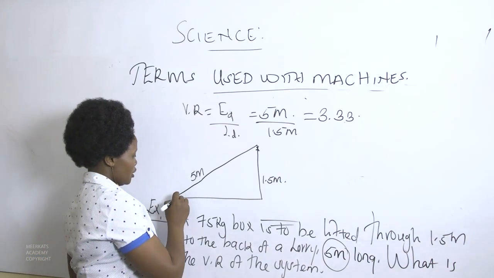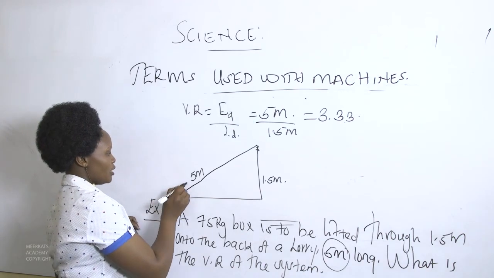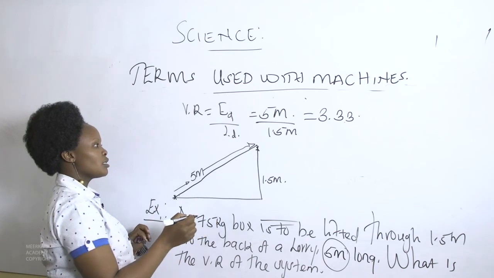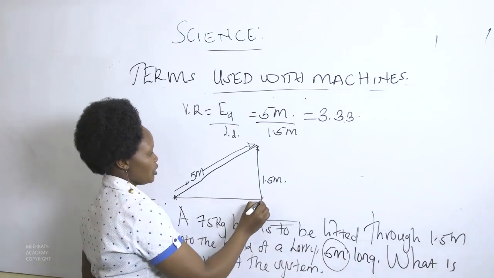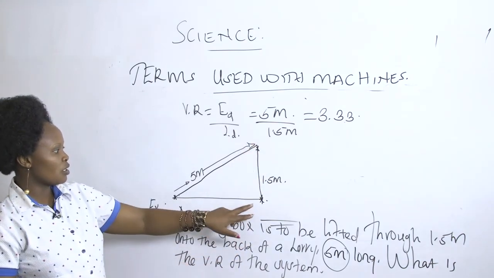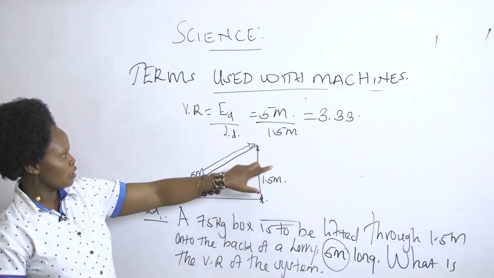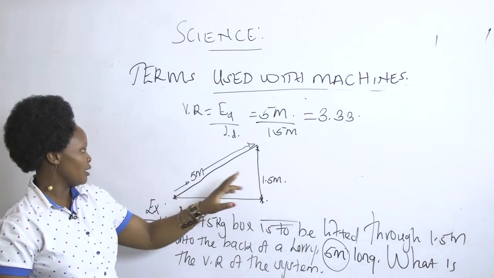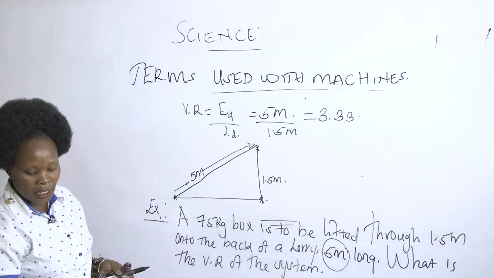Therefore, if you use the inclination, you will apply some force through this distance, but with an aim of taking your load, which is somewhere here, to a height 1.5. So the load will only have moved from the ground to a distance of 1.5 meters high, but through a much longer path.